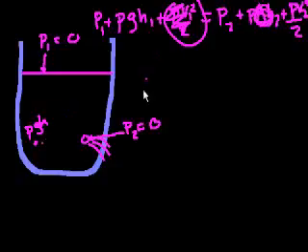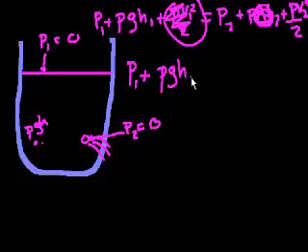And so it simplifies down to the input pressure, the pressure at the top of the pipe or at the left side of the pipe, plus rho gh1.